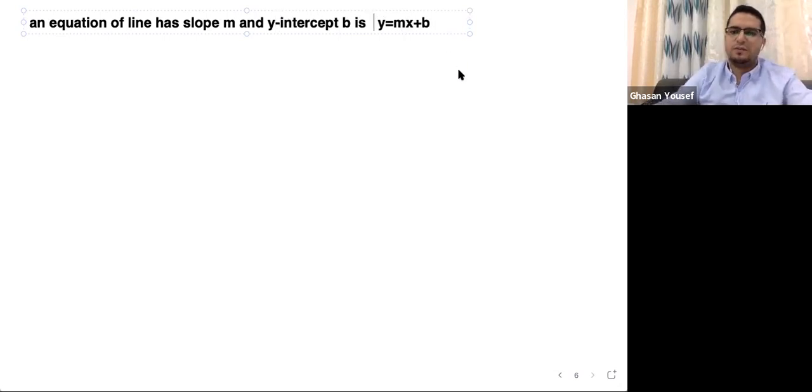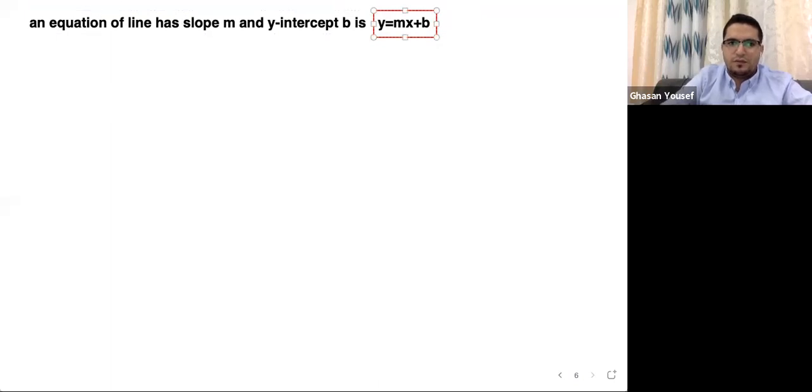We don't have to use the formula y minus y1 equals m times x minus x1. Just plug directly into this formula if both the y-intercept and the slope are given.